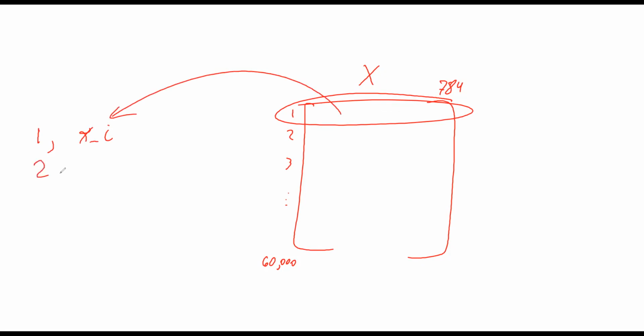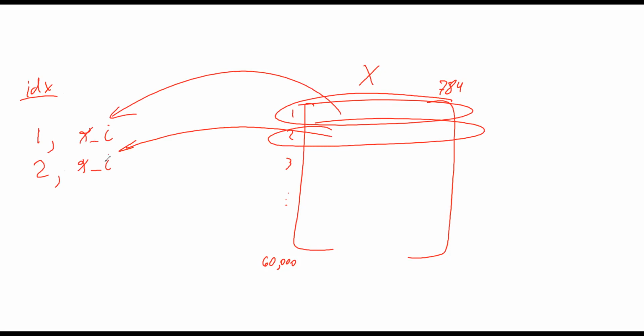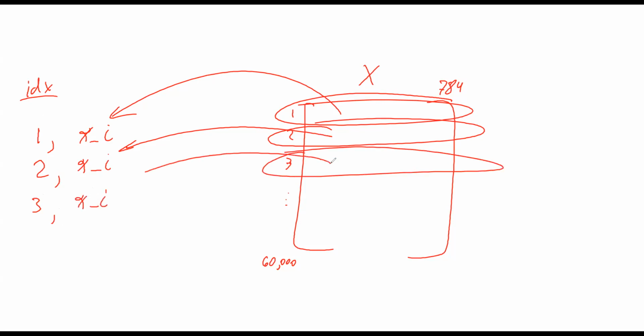Next iteration, IDX is 2, it grabs this one, Xi. You see that? Number 3, Xi, IDX, right, and so on, right? So dot, dot, dot. So we're doing this enumerate. That way we have an index for every row, plus we have the entire vector. So now we have vectors of 1 by 784 every time.